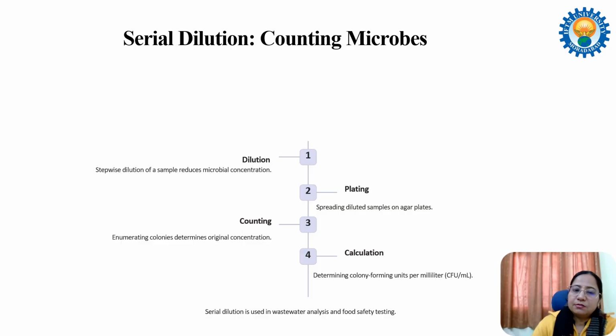Enumerating the colonies determines the original concentration, and then we can calculate the CFUs, that is the colony forming units, from the spread plate technique. The serial dilution is used vastly for analyzing wastewater and for performing food safety testing.